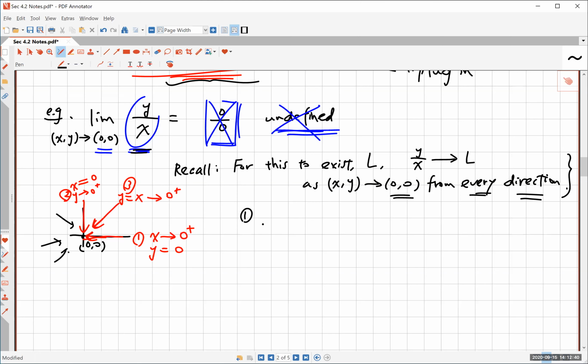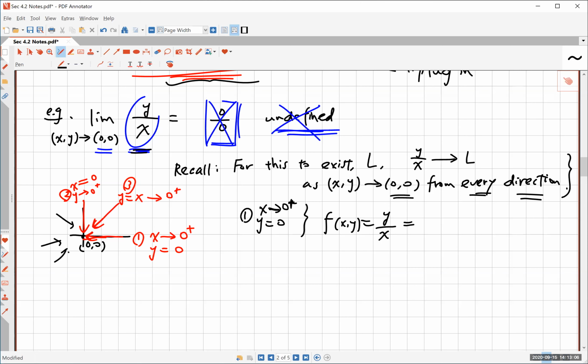Okay, so number one is this path. What is this path for number one? y is equal to 0, right? And then x is approaching 0 from the positive side. On this path, f of (x, y), which in this case is y over x, is guess what? Remember, as x approaches 0 from the positive side, we are saying that x gets closer and closer to 0, but never is equal to 0.